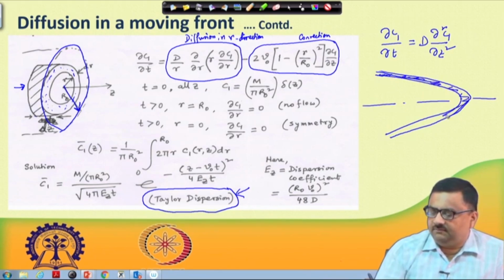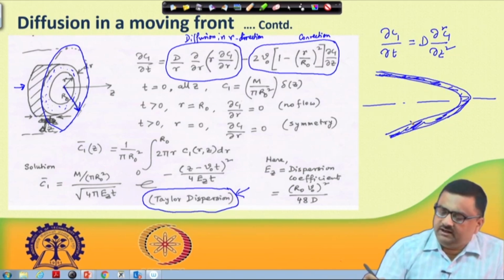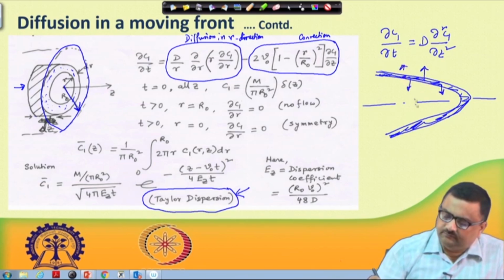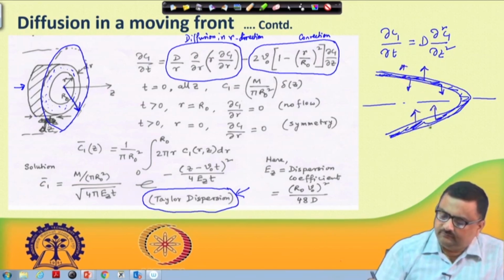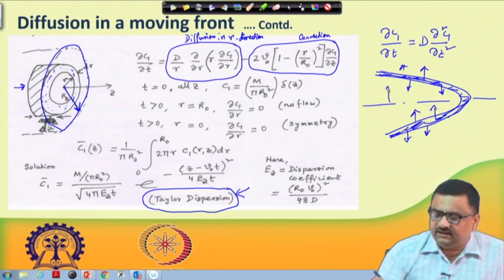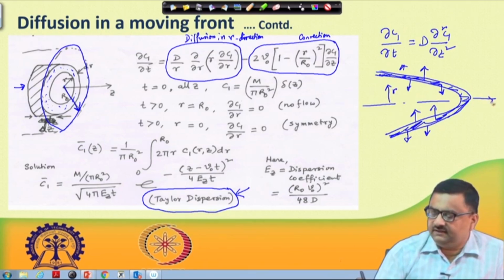So this is the pulse, and we are saying that the diffusion can take place in these directions. This direction is basically r direction, because this is r and this is z.